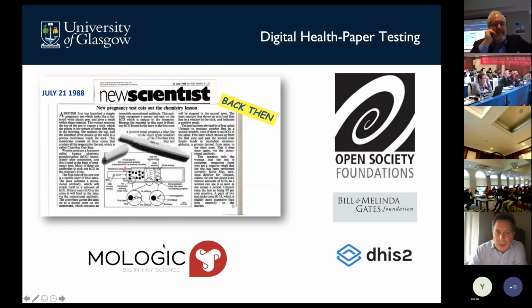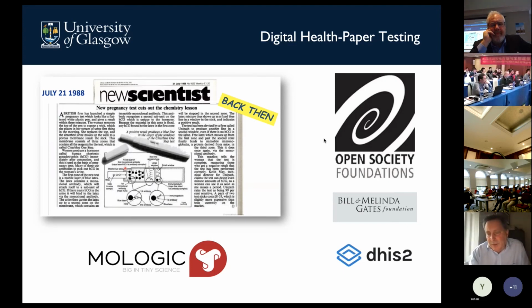It's now actually independent again and called Mologic. We work very closely with them. In fact, Mologic have just been bought by the George Soros Open Society Foundation and the Bill and Melinda Gates Foundation. So it is now a wholly owned, not-for-profit, open social enterprise, shall we call it.